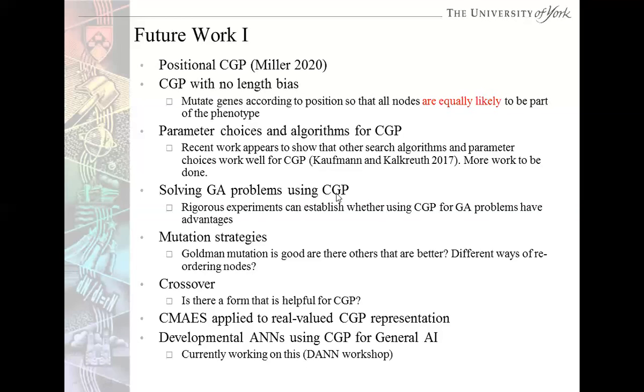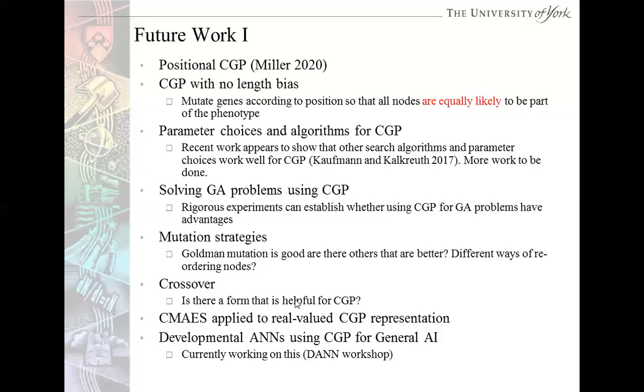I've mentioned solving GA problems with CGP; you can use the technique I've discussed previously on that. There's lots to do on mutation strategies. Goldman's single mutation strategy works very well, but there are others, and I've recently read some papers suggesting a few others. So that's an active area of research for CGP, a very, very important one.